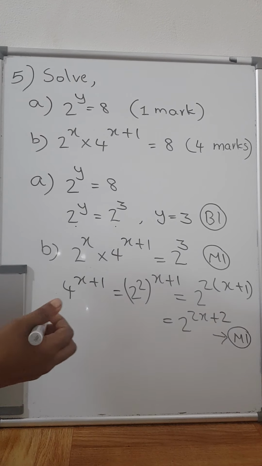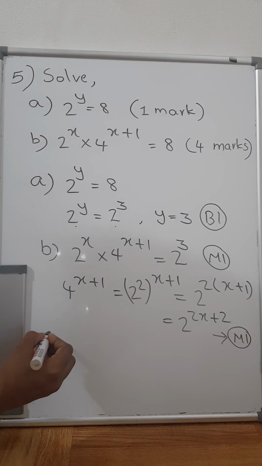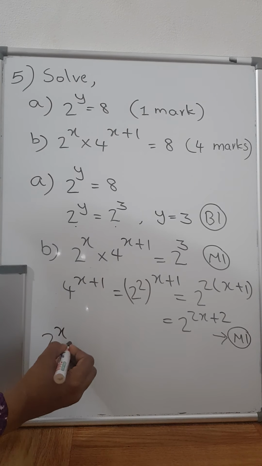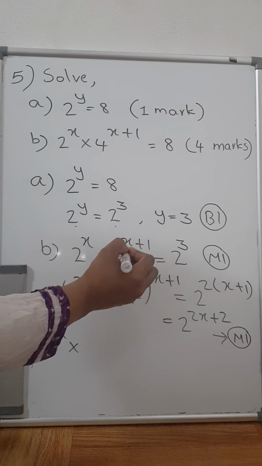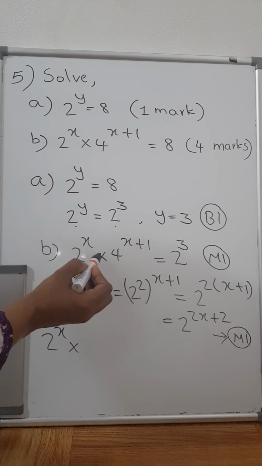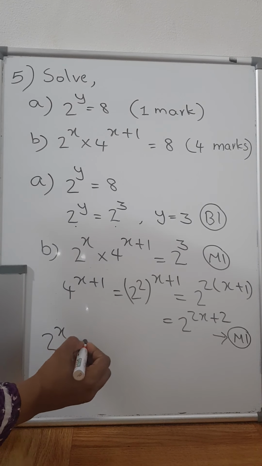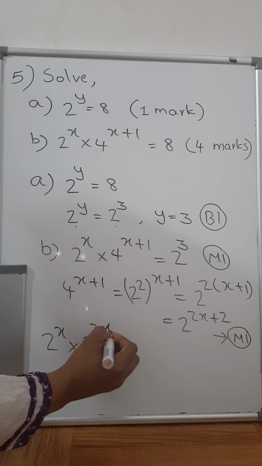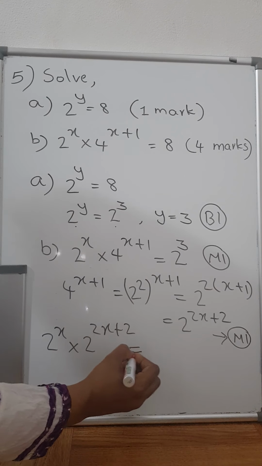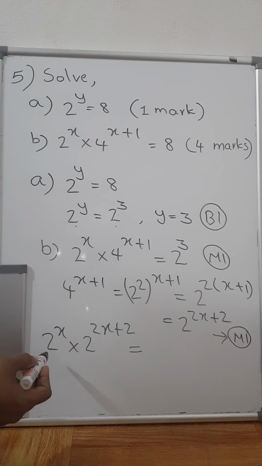Now you see, 2 to the power x times 4 to the power x plus 1, that is same as 2 to the power x times 2 to the power 2x plus 2. Since the bases are the same, we can apply multiplication law in indices.